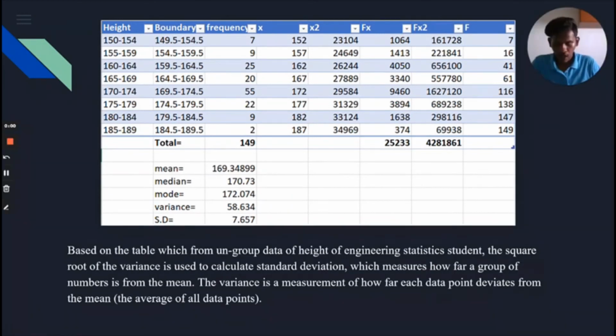Okay, for the variance and standard deviation, we have to find variance first and then we can identify the standard deviation.